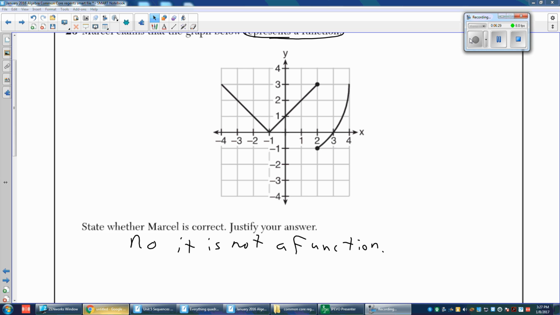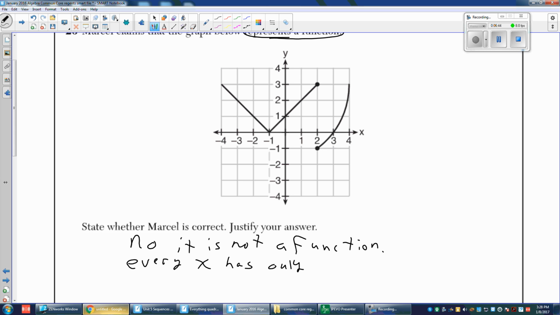What is the definition of a function? The definition of a function is every x has only one y, or for every x there's only one y, for every input there's only one output.